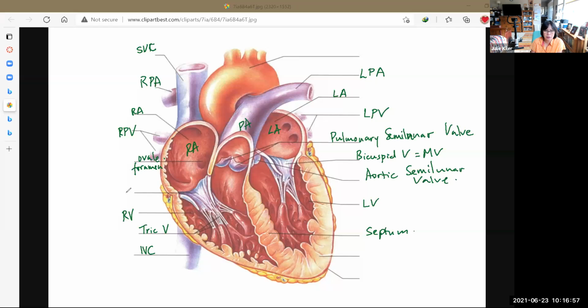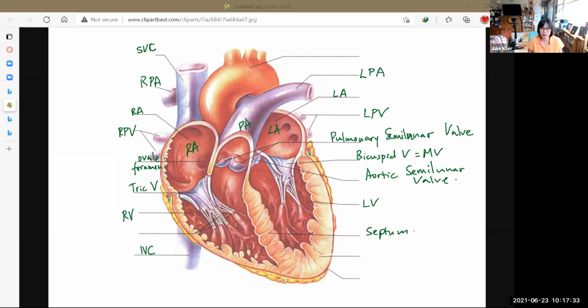And then this is, oh, never mind. This is the tricuspid valve. Sorry guys, if you can print out and make a note on your own, or if you have an Apple with the pencil, you can write that down and save it. So I need to change this. Okay, so this is the tricuspid valve, right?